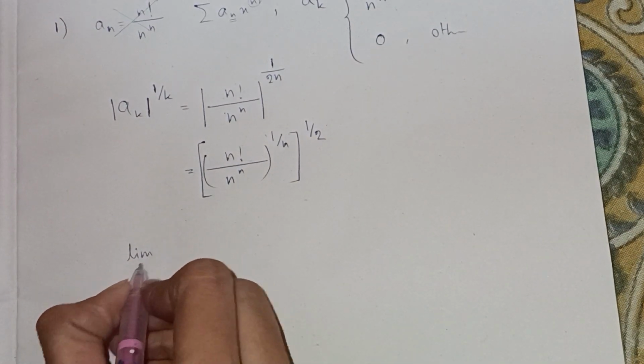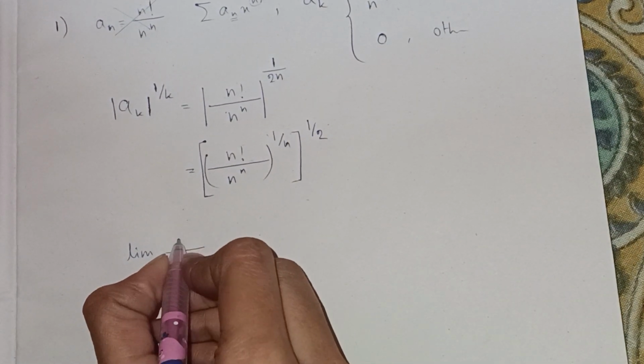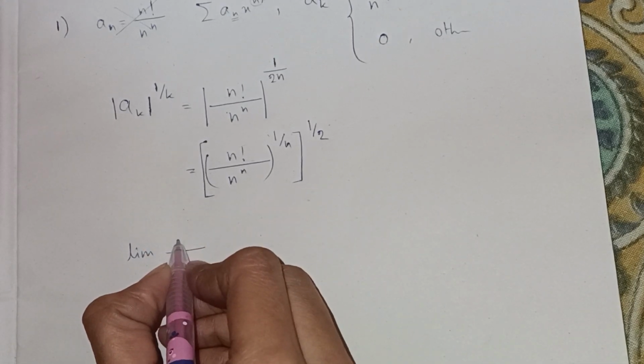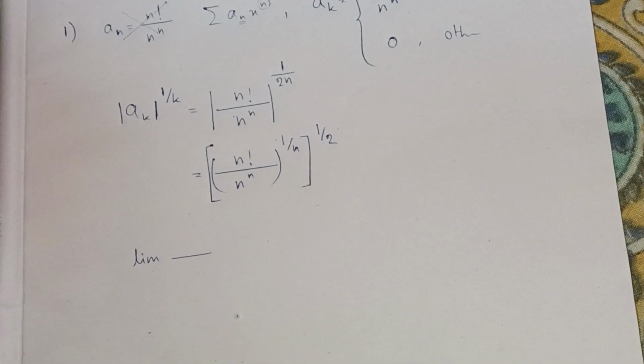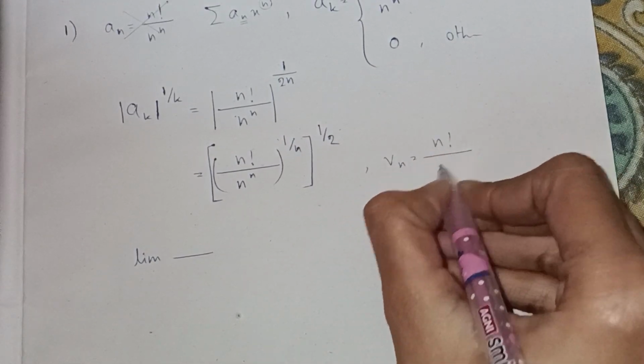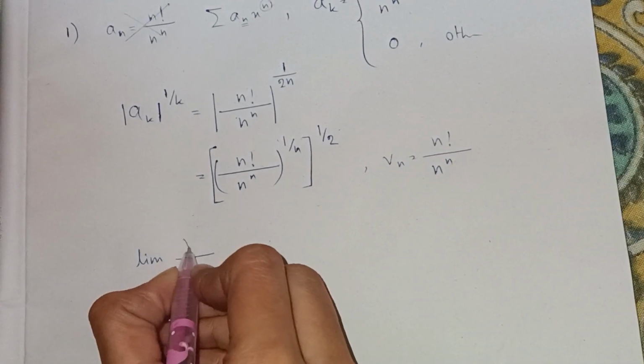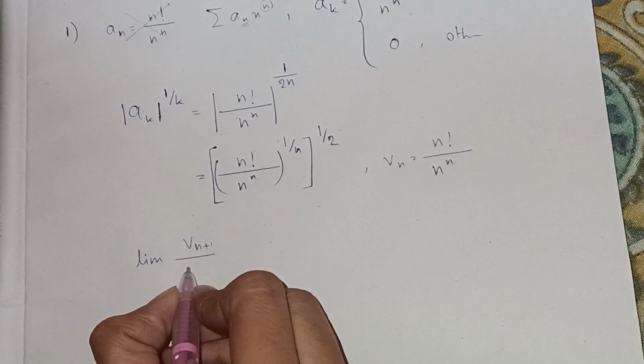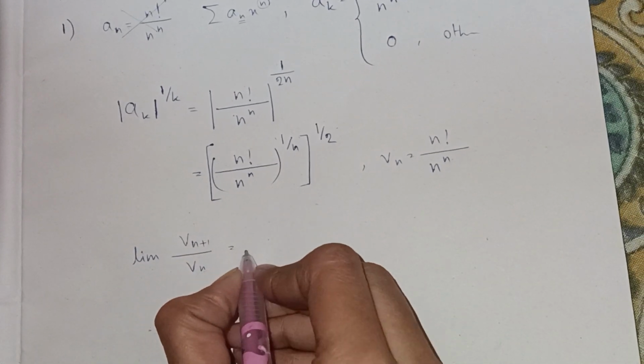Now let us denote n factorial over n to the power n as V_n, and find the limit of V_(n+1) over V_n.